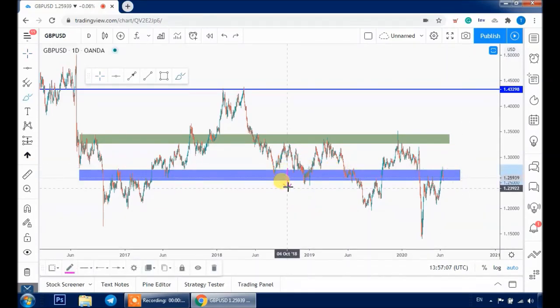So starting around here, we can start to look for potential buy and sell opportunities around our blue zone as it is already valid from these 3 swings. Here we go. Here's our first buy opportunity, and then price made another retest and a third one, of course.